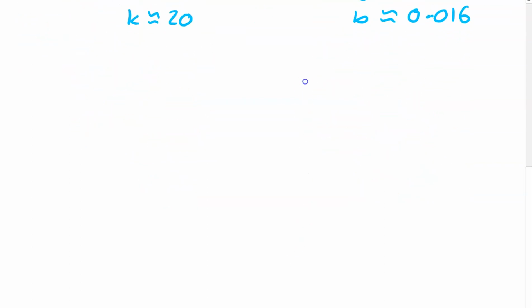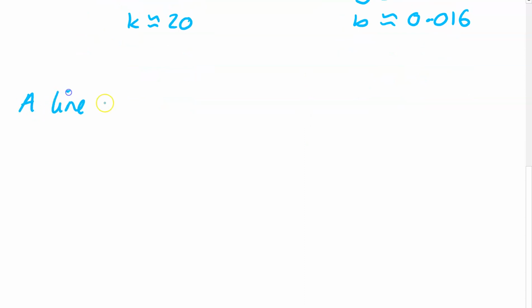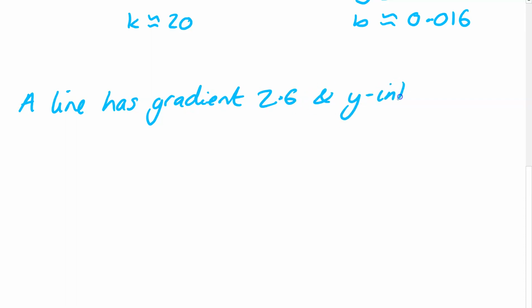Okay, so let's have a look at another example. We've got a line with gradient 2.6 and y-intercept negative 0.9. And we're told that y equals ax to the n.